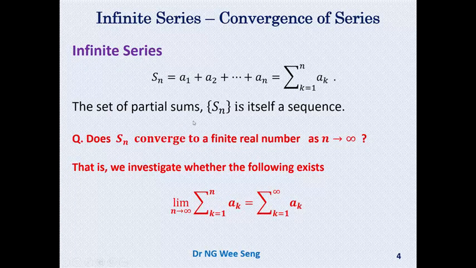And what we want to do now is, treating Sn as a sequence, we want to ask whether Sn will converge to a finite real number when n goes to infinity. So it's about the concept of convergence of a sequence. This time the sequence is the sequence of partial sums.